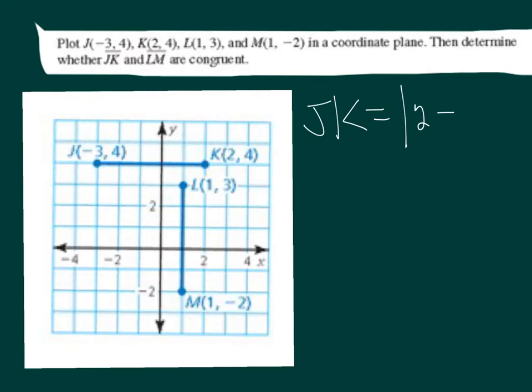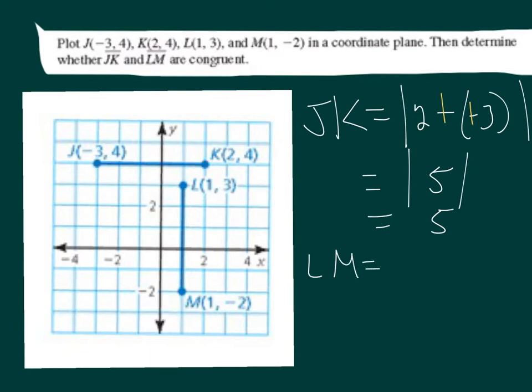So 2 minus -3. I know it doesn't really look like it, but 2 minus -3. And remember, we always want to add the opposite. That's the subtraction rule. So 2 plus 3. So I know that this will be the absolute value of 5. What's the absolute value of 5? Well, it's 5.